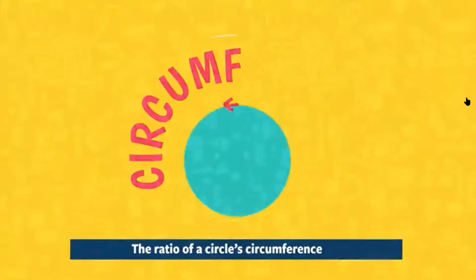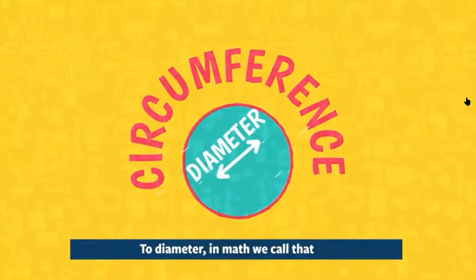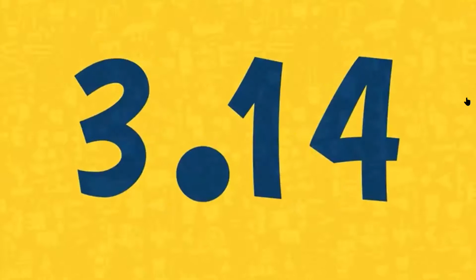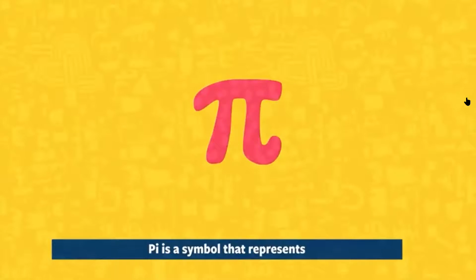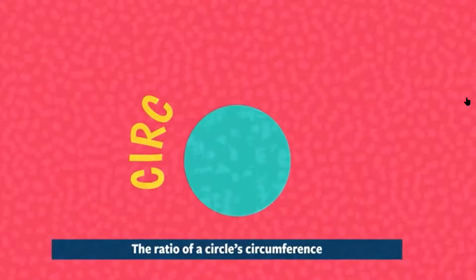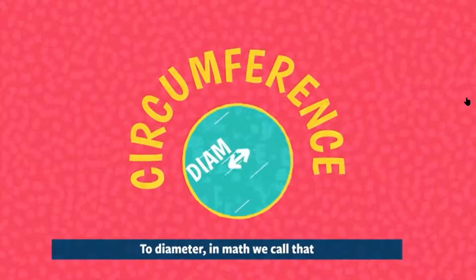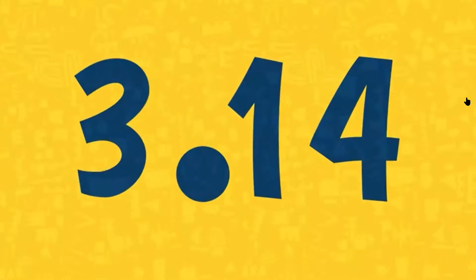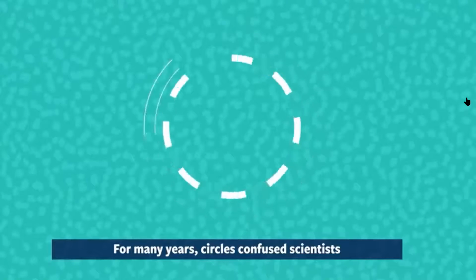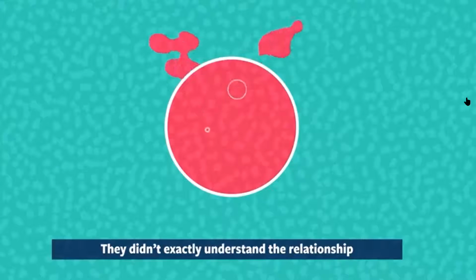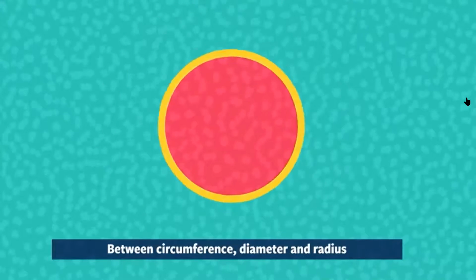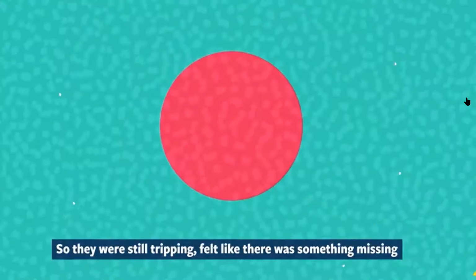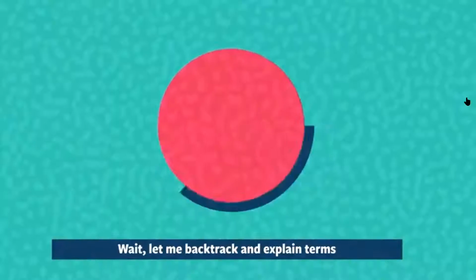Pi is a symbol that represents the ratio of a circle's circumference to diameter in math. We call that 3.14. For many years, circles confused scientists. They didn't exactly understand the relationship between circumference, diameter, and radius. Wait, let me backtrack and explain terms.